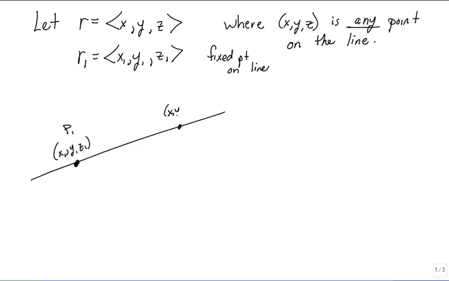Here's x, y, z, and here's the origin, and here's the vector r. r goes to the point x, y, z, and here's r1.